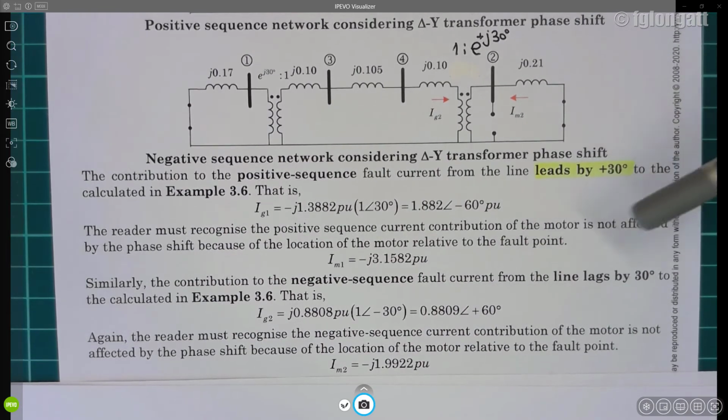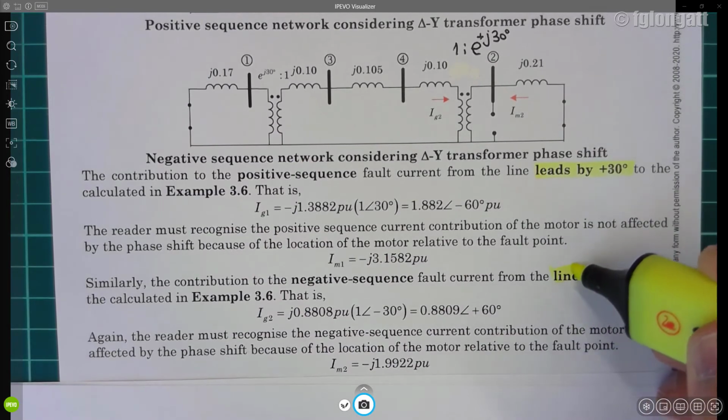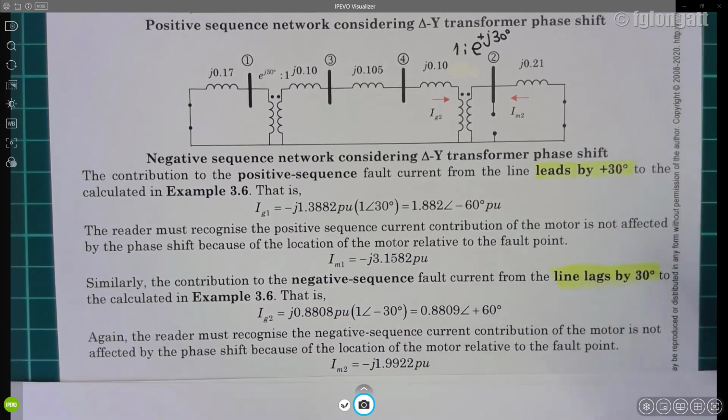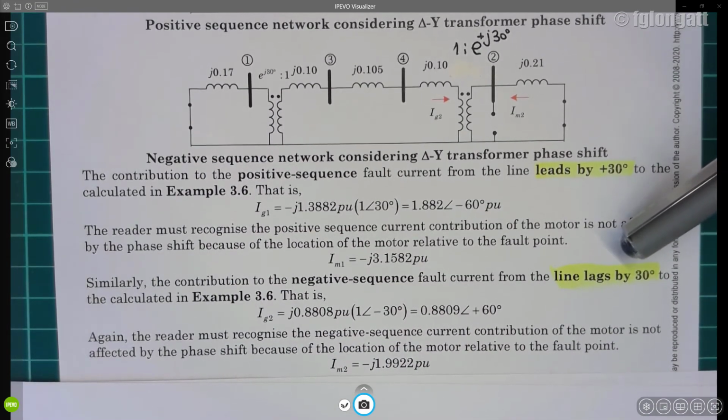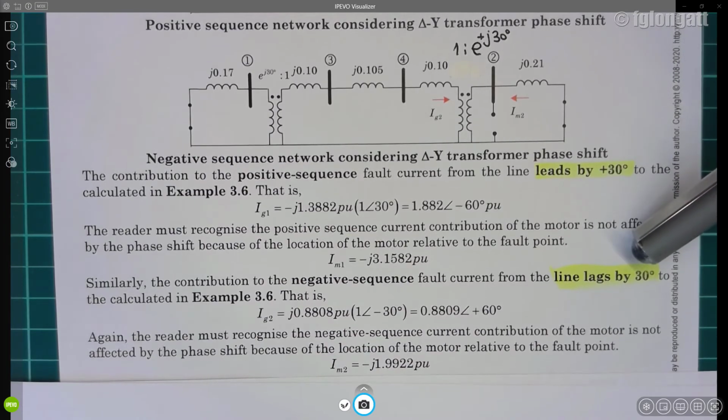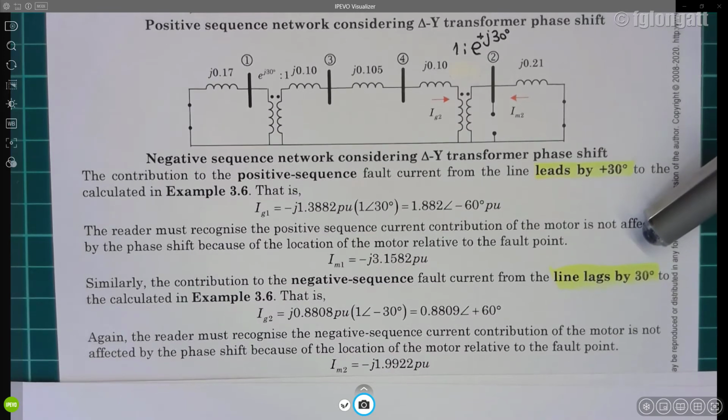In the negative sequence now, what you need to understand is that there is again a 30 degree angle shift between the star and the delta connection side of this transformer. But in this case, the current is lagging by 30 degree, okay?